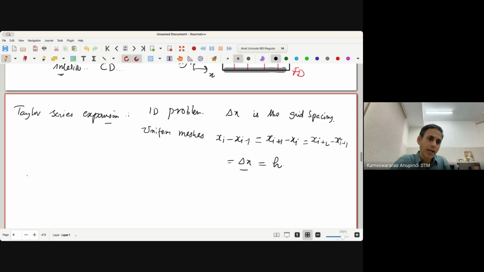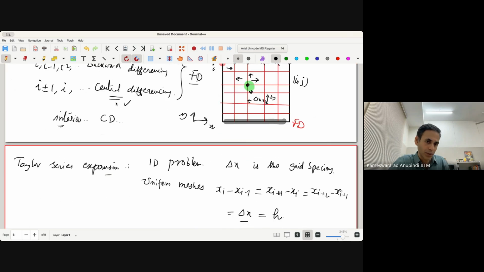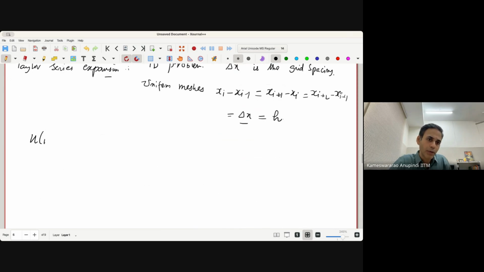Then I can denote my u value at i plus 1 as u of i plus 1. I can also write this as u of x plus delta x. If u of i has a value of u of x, this is u of x plus delta x.